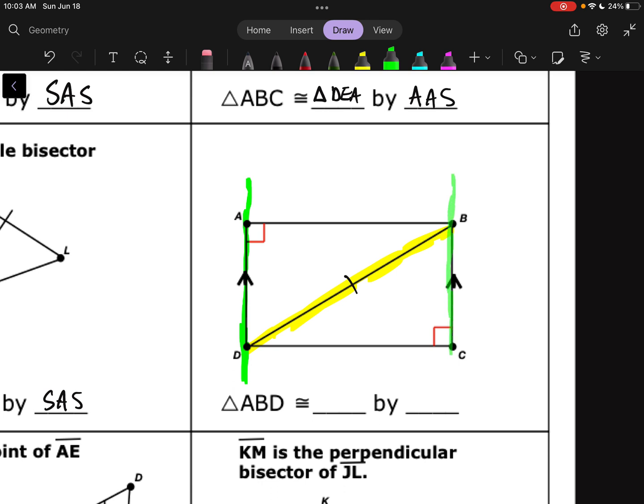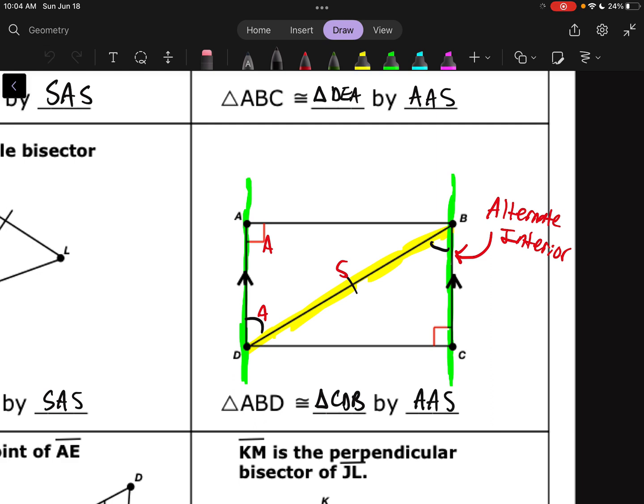If we've got some parallel lines because of those arrows, that means that these alternate interior angles got to be congruent. That's going to give us our third congruent thing. So now if I'm looking at my stuff, I've got an angle and a side. So triangle ABD would be congruent to triangle CDB by angle, side.